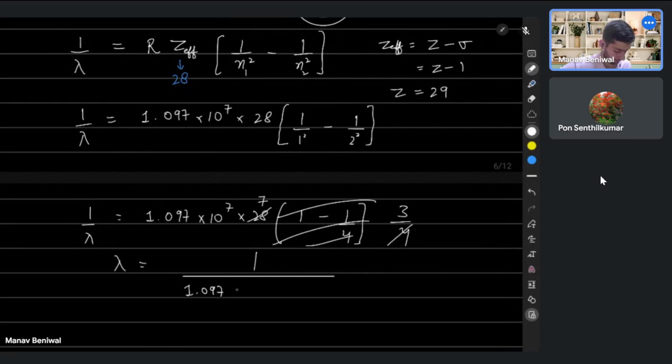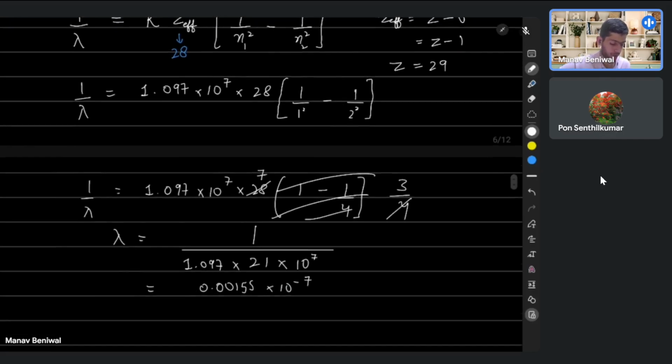1.097 into 7 times 3 is 21, and 10 to the power plus 7. If we again use the calculator and solve this, this will become 0.00155, and this 10 to the power 7, when we take it above, becomes minus 7.